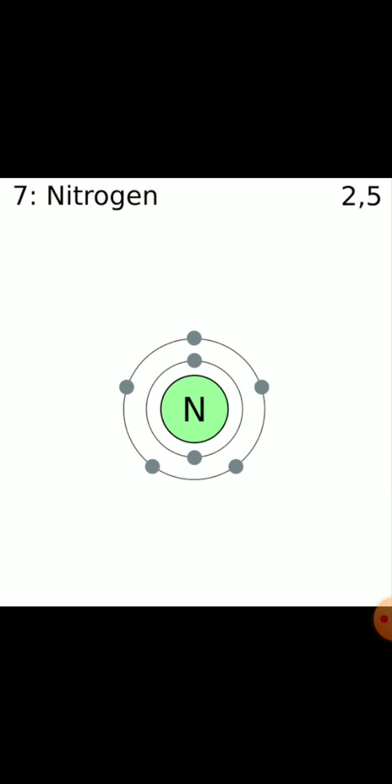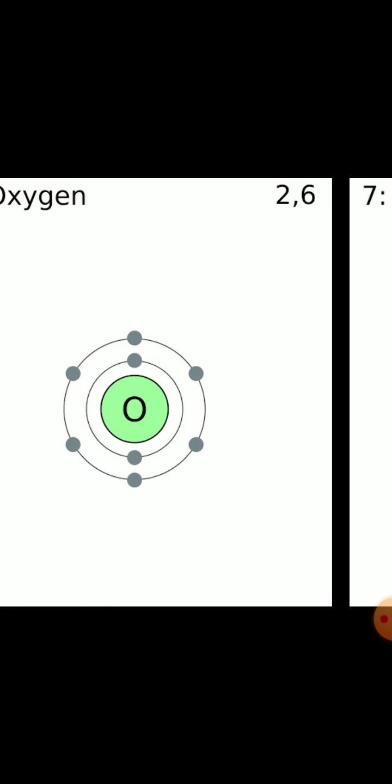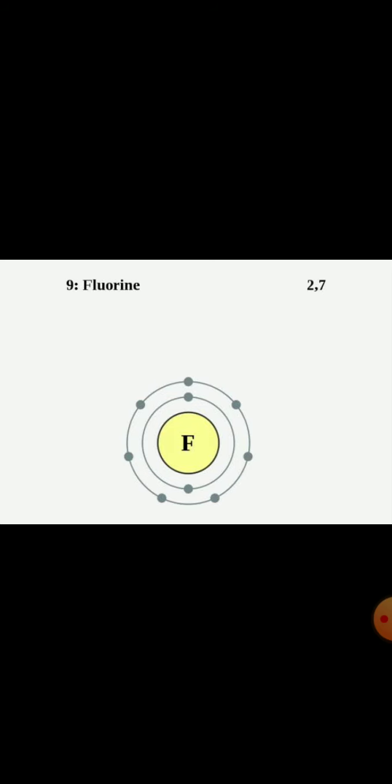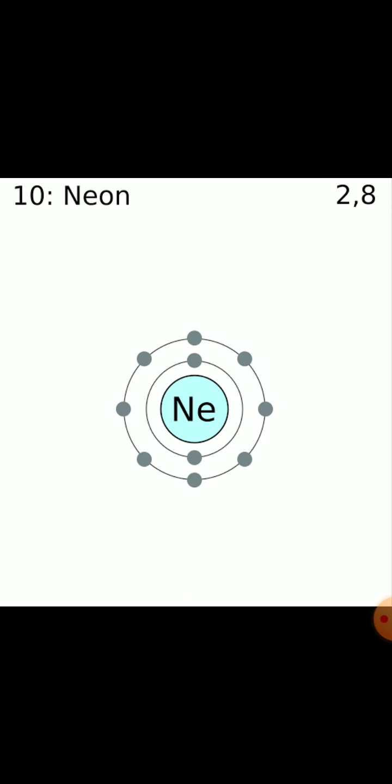How many valence electrons for nitrogen? 5. Then we have oxygen, 2, 6. 6 valence electrons for oxygen. Fluorine, 2, 7. 7 valence electrons. Then we have neon, 2, 8, which means there are 8 valence electrons for neon.